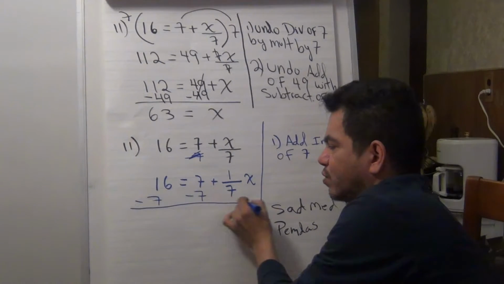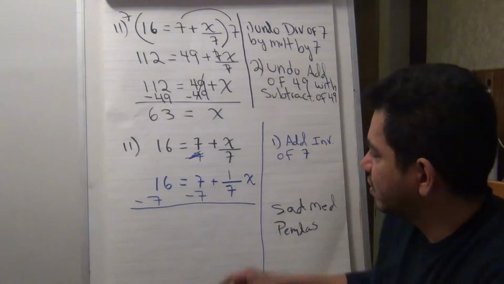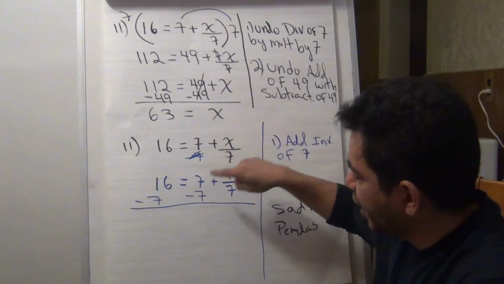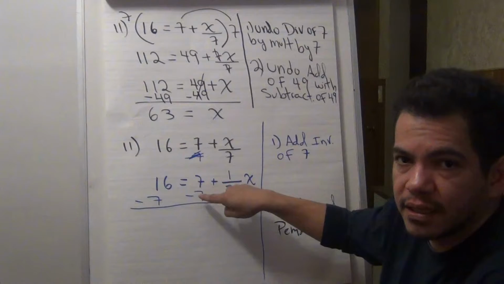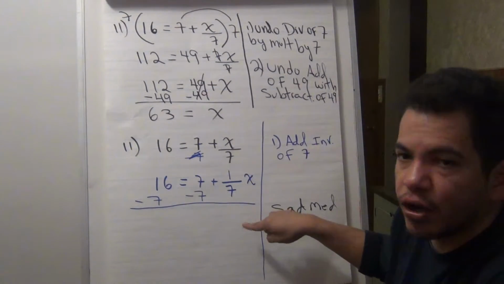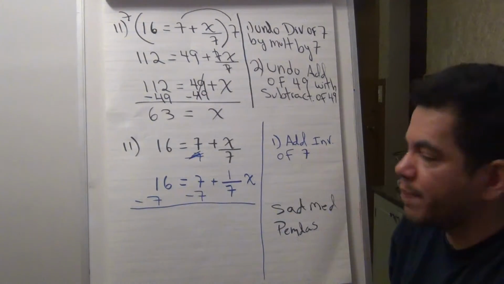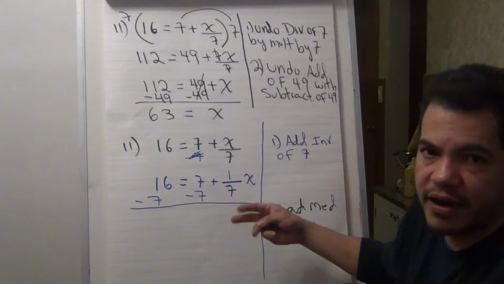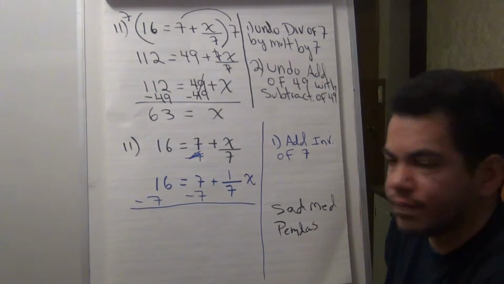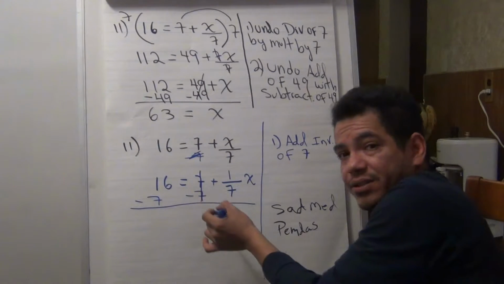Remember, what you do to one side, you do to the other. Don't ever put or subtract a number and then the same number on the same side. We are doing one side and then the other side. I have people going -7 here, -7 here, and then all of a sudden the whole thing is wrong. No. So this cancels out.